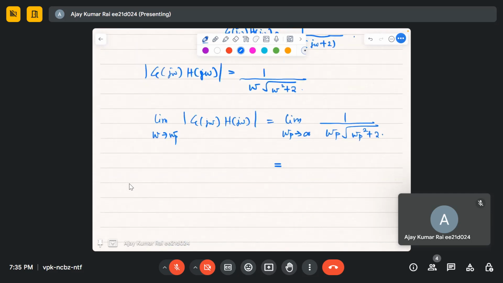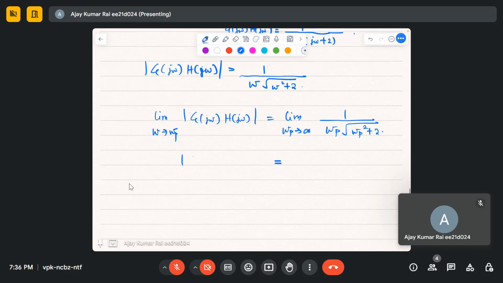As omega p tends to infinity, what is this magnitude? If you put the limit, you'll get 0, right?